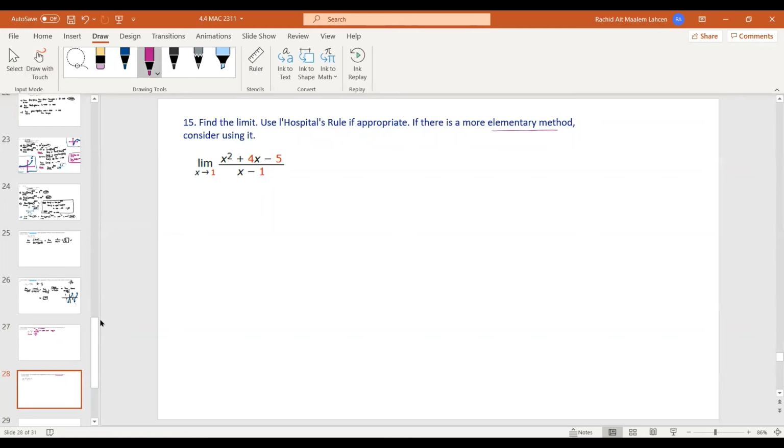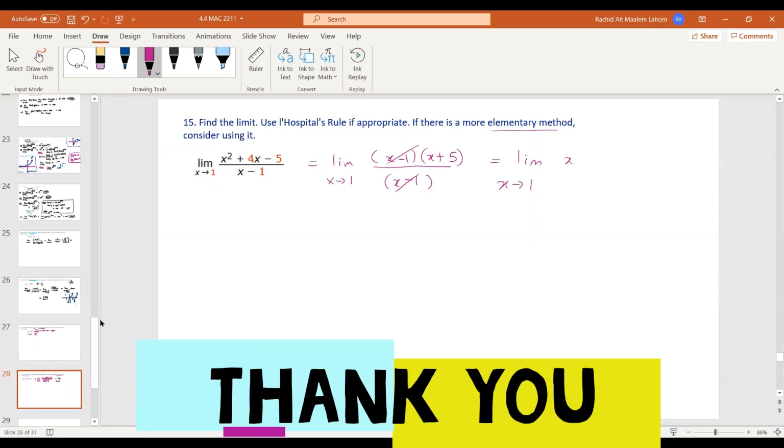That's what we need to keep in mind, not just because when we learn something new, it takes over. We need to identify where each one can be applied, and this is the limit as x approaches 1 of x plus 5, so this is a 6.